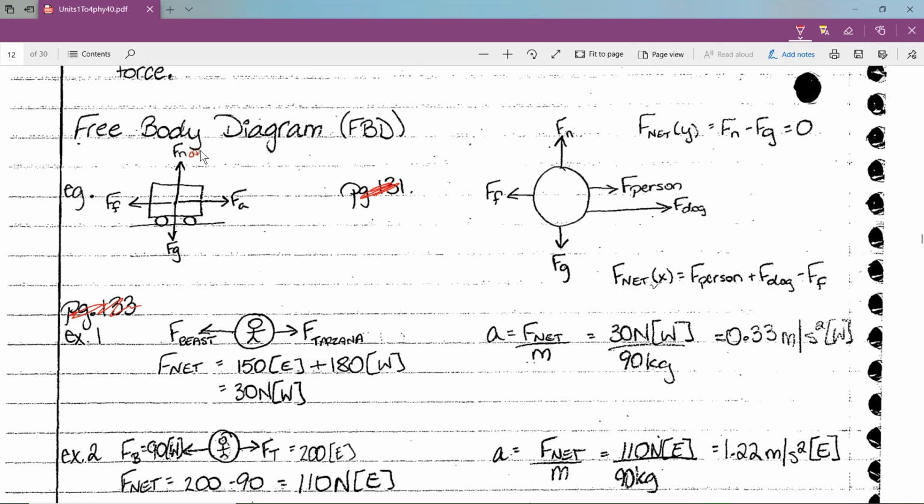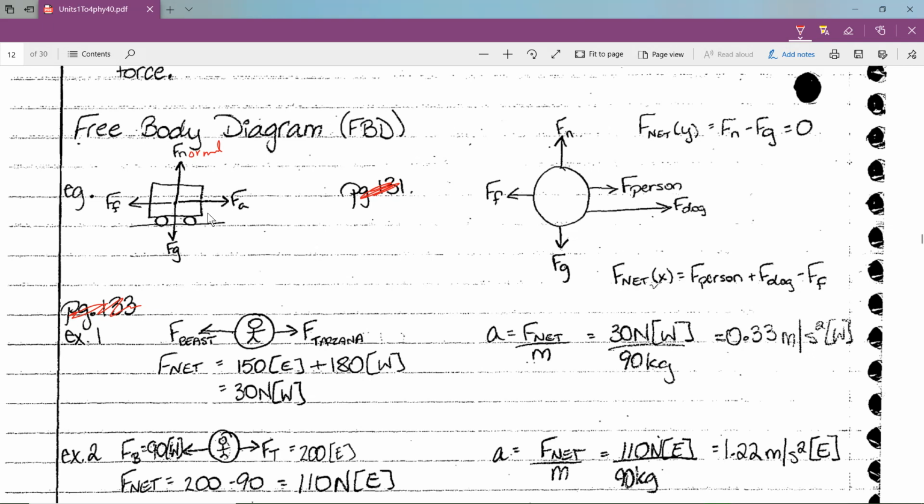Fn is known as the normal force. That's the force perpendicular to the surface. And if the cart is not flying up in the sky or driving down further into the ground, then the normal force and the gravitational force cancel, and that's okay.